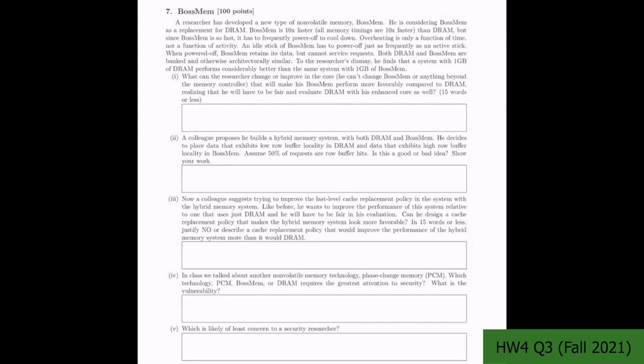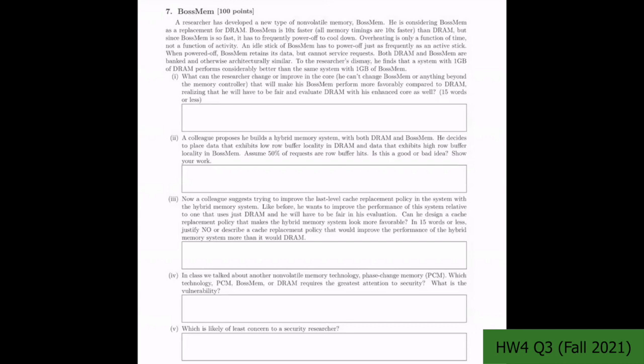When powered off, BossMem retains its data, but cannot service requests. Both DRAM and BossMem are banked and otherwise architecturally similar. To the researcher's dismay, he finds that a system with 1 GB of DRAM performs considerably better than the same system with 1 GB of BossMem.